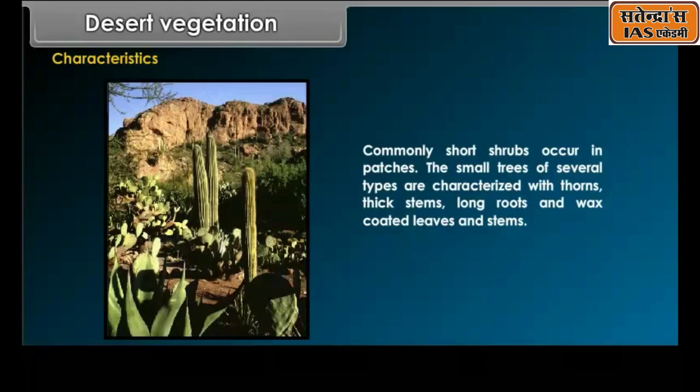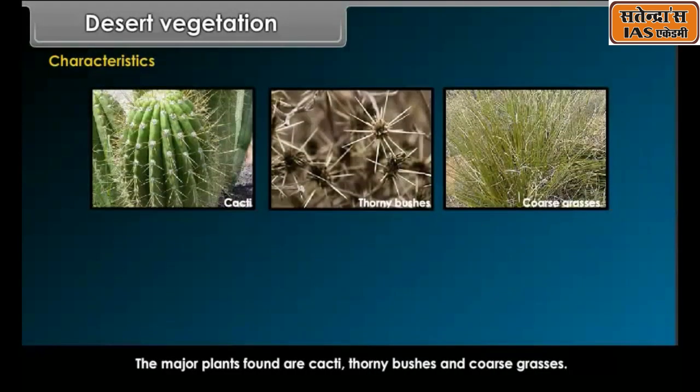Commonly, short shrubs occur in patches. The small trees of several types are characterized with thorns, thick stems, long roots and wax-coated leaves and stems. The major plants found are cacti, thorny bushes and coarse grasses.